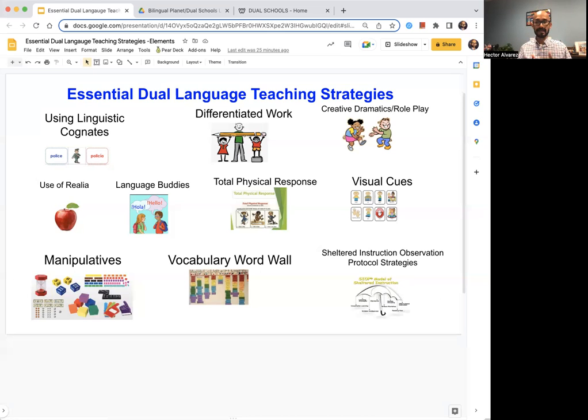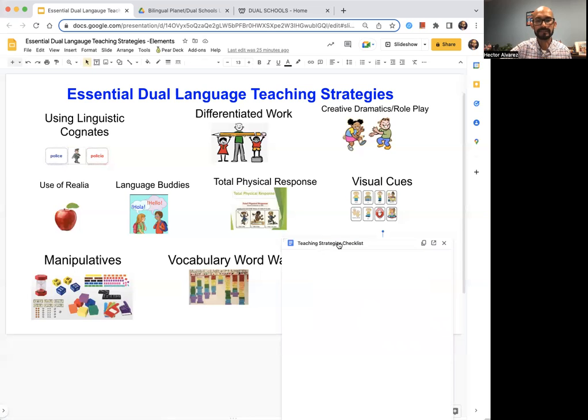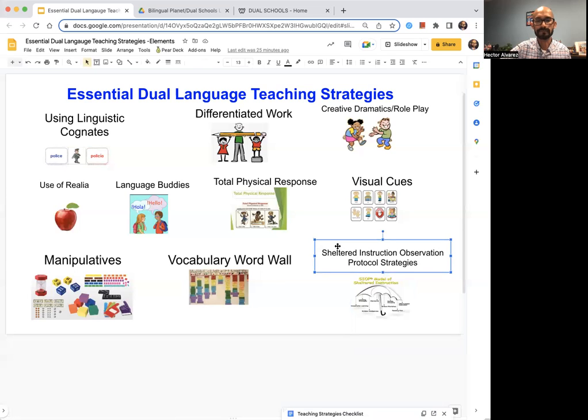This SIOP is a research-based instructional model that is highly effective in addressing the academic needs of language learners. This strategy basically covers different strategies that we're going to be using.